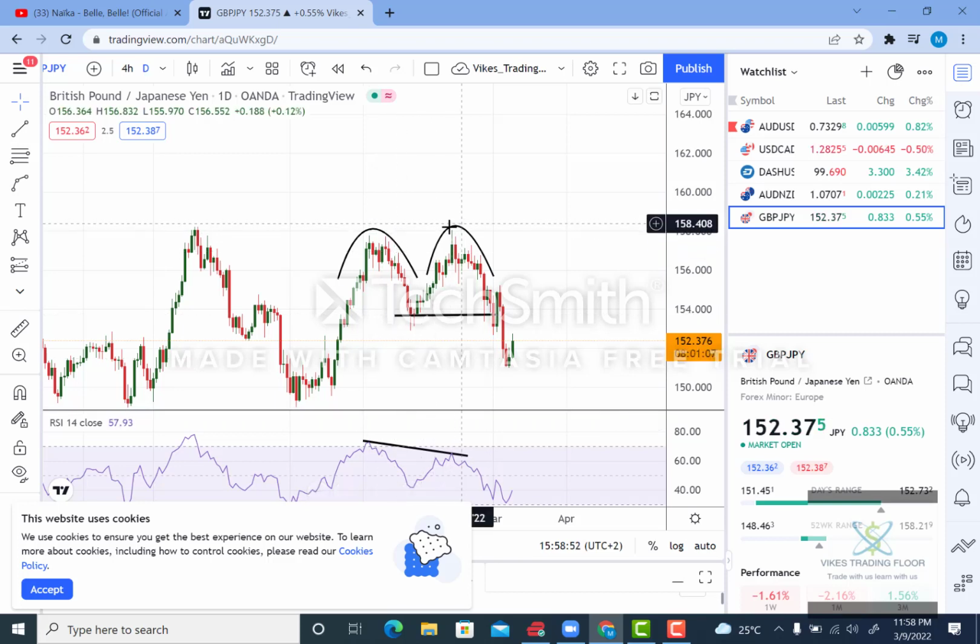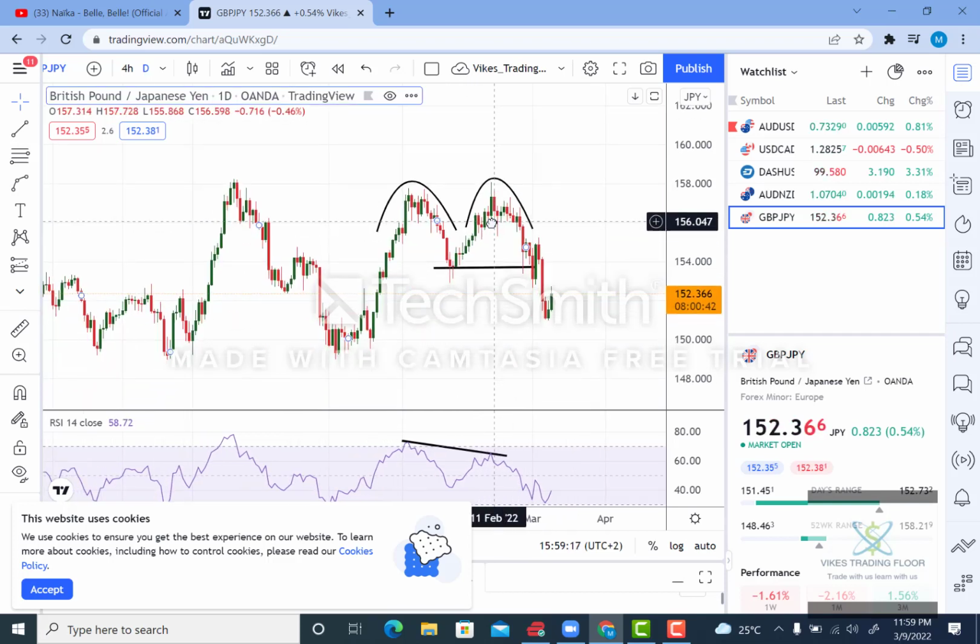But the next time it reached the same level and actually went higher, to 158 or so, the momentum indicator was lower at 63, meaning that this is a false move. That is the ideology behind the M pattern.